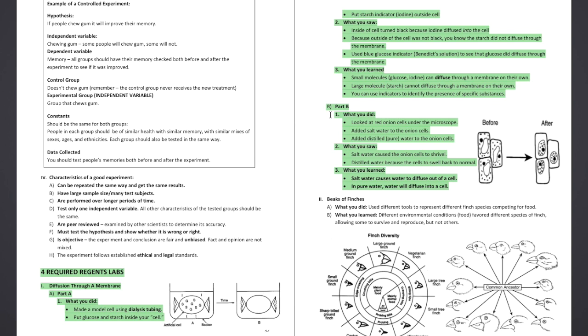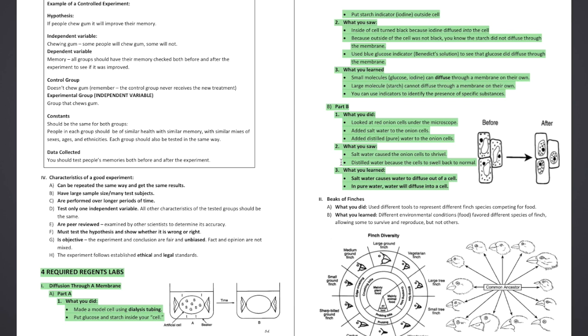1. What you did. Looked at red onion cells under the microscope. Added salt water to the onion cells. Added distilled, pure water to the onion cells. 2. What you saw. Salt water caused the onion cells to shrivel.